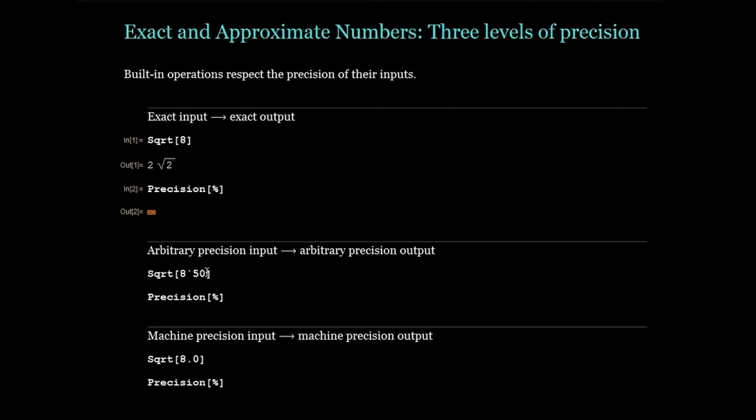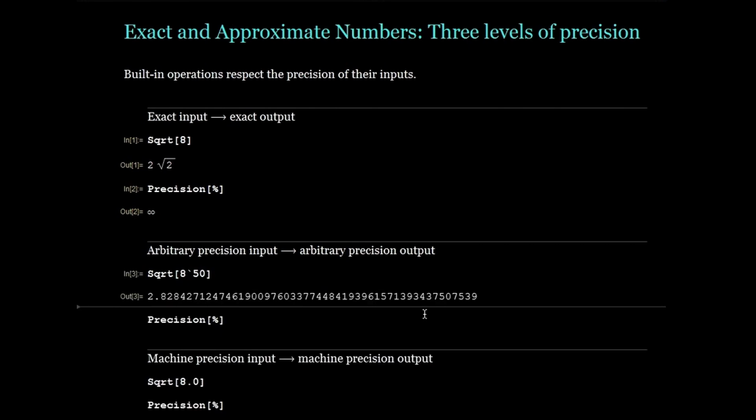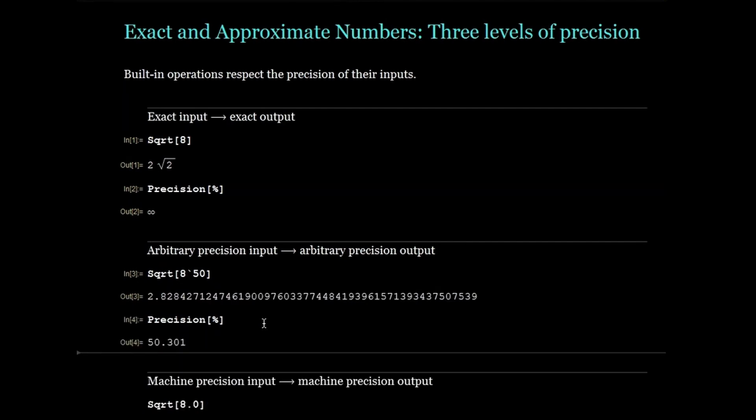When the input is an arbitrary precision number, such as this number, which is shorthand for an 8 with a relative error of 10 to the minus 50, the result is another arbitrary precision number. The precision of the result is generally different from that of the input. In this case, the output precision is 50.3, which means a relative error of 10 to the minus 50.3.